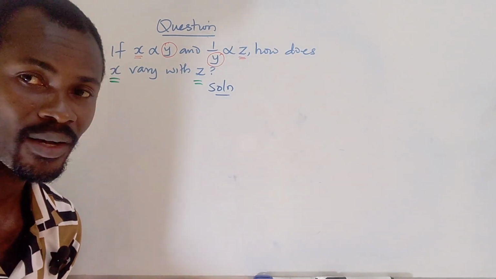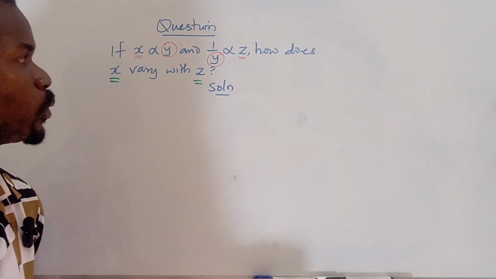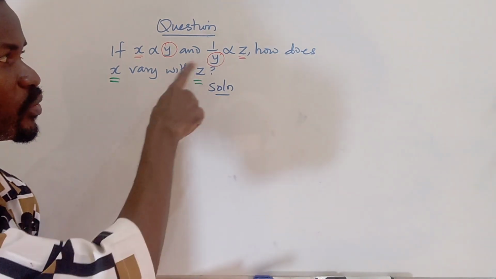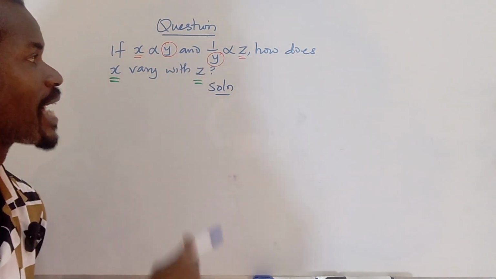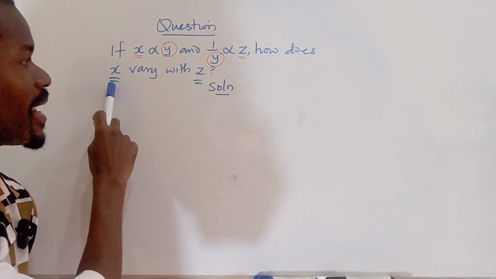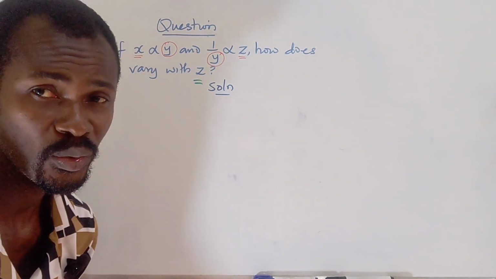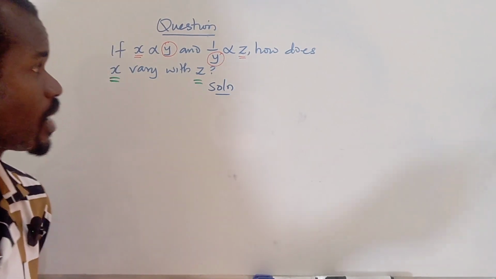Now since y connects them, we want to solve this in such a way that we put in constants on both variations and substitute one into another, so that we have x and z alone in the new expression. So how do we do that?